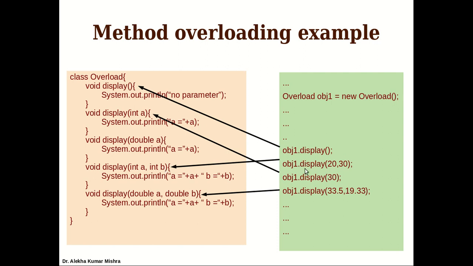The third call invokes the method that takes only one integer, and the fourth call, passing two doubles, is going to invoke the last version of the display method.